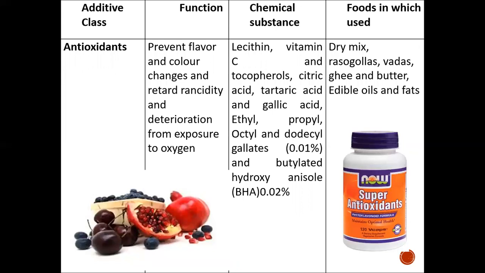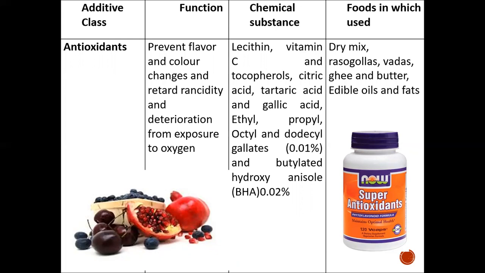For example, we know that when an apple is cut and kept outside, it gets brown, right? So this is oxidation. To prevent oxidation, you need to add certain things called antioxidants, so that they prevent flavor and color changes and retard rancidity.